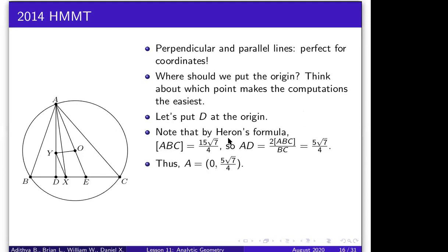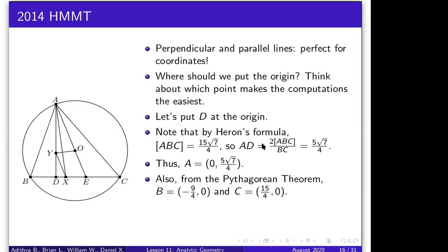So that means A is 0, 5√7/4. And so in right triangle ABD, we have AD is 5√7/4, and AB is 4. So we can calculate BD to be 9/4. So that makes the coordinate of B to be -9/4, 0. And since BC is 6, we get C is 15/4, 0.